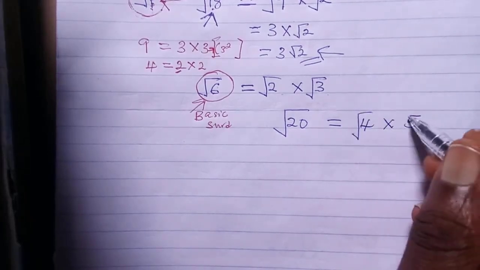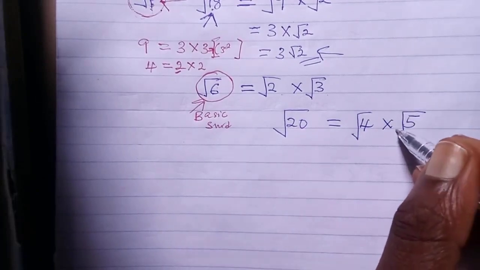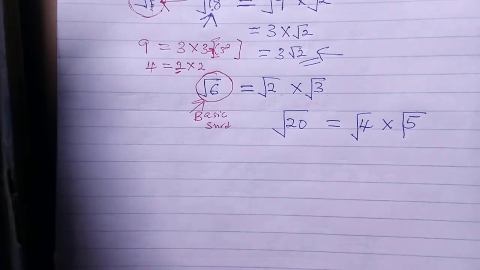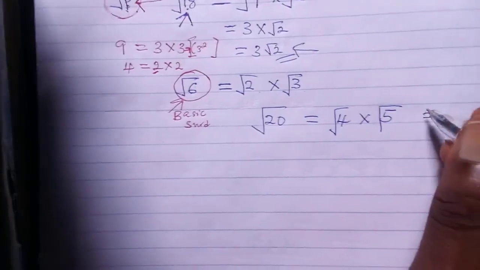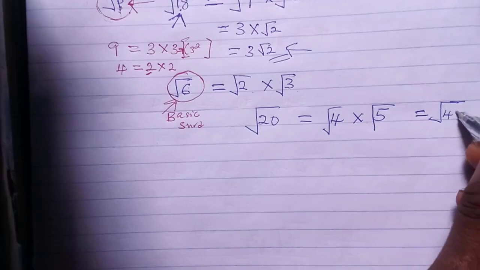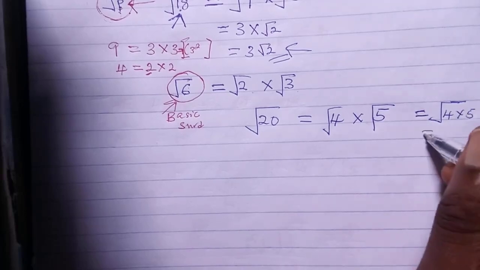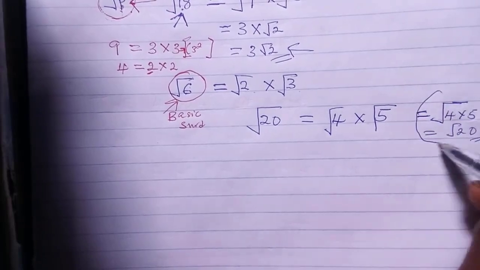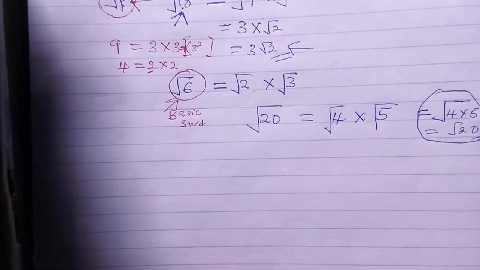So root 4 times root 5 is going to give me root 20. Remember that one of the rules we looked at says root 4 times 5 is the same thing as root 20.